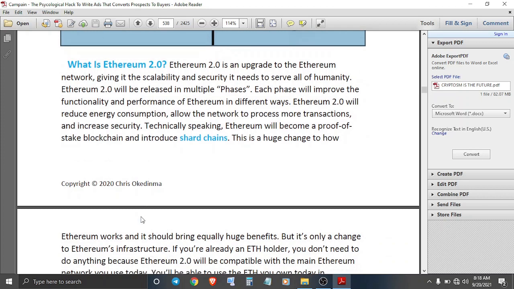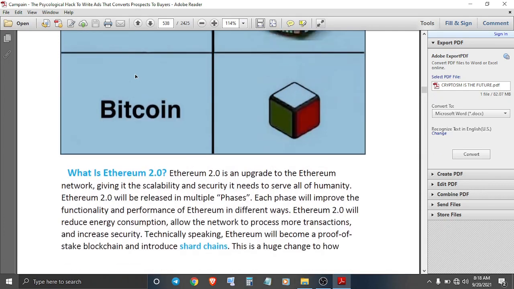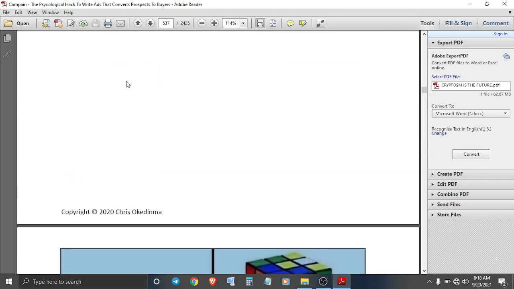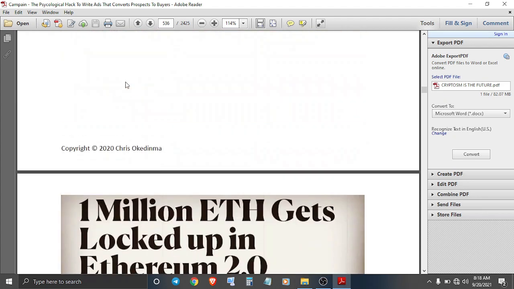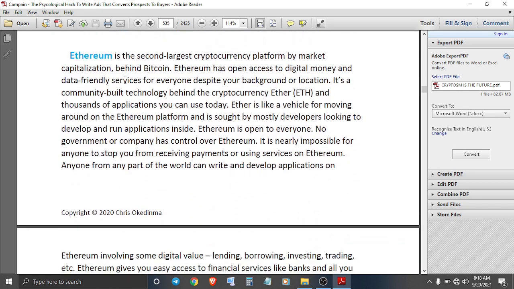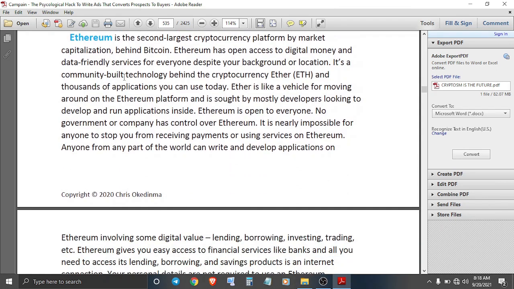We'll not go deep into what exactly Ethereum 2.0 is. It is kind of awesome, or what should I say, a privilege to share this with you.